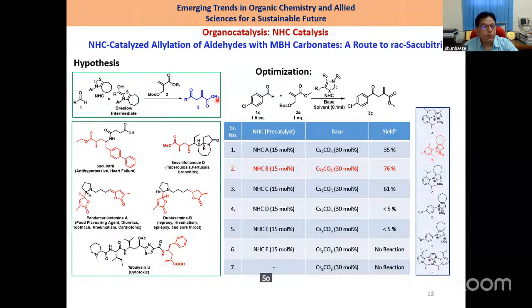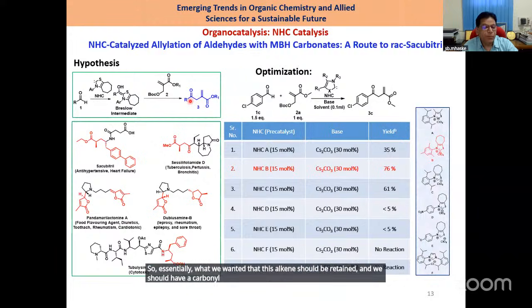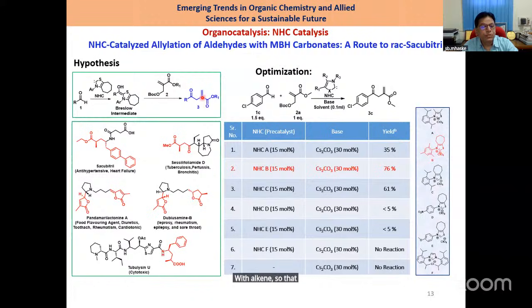Essentially, we wanted the alkene to be retained and to have a carbonyl. That means a 1,4-dicarbonyl compound with an alkene, so that we can reduce both these groups. And there are many such natural products and drugs reported in the literature which can be synthesized using our strategy. So this was the hypothesis.